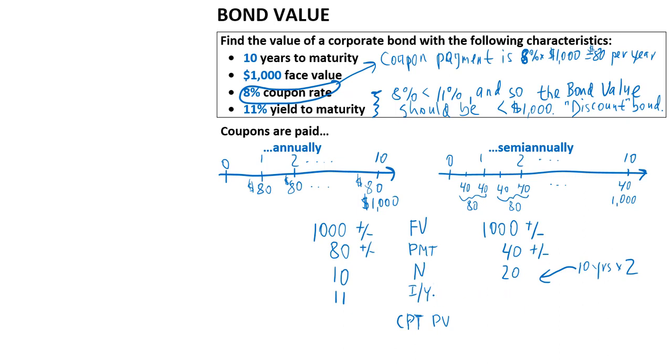We also make an adjustment to the discount rate, the IY, which should reflect the semi-annual frequency. If it's 11% per year, then for half a year, that will be 5.5%. We got 5.5% by taking 11% per year and dividing that by 2. And the $40 payment was $80 per year divided by 2. So these are the three adjustments we have to make when we are working with semi-annual coupon payments.